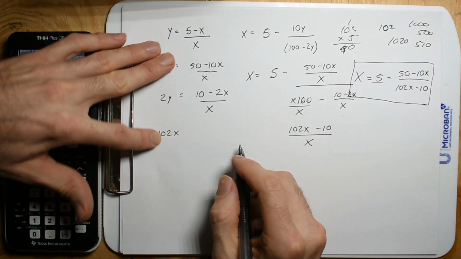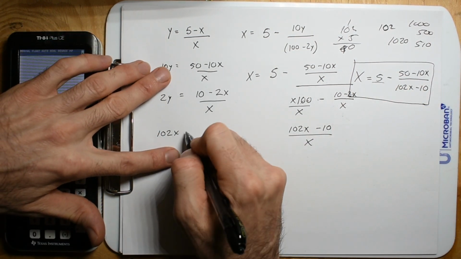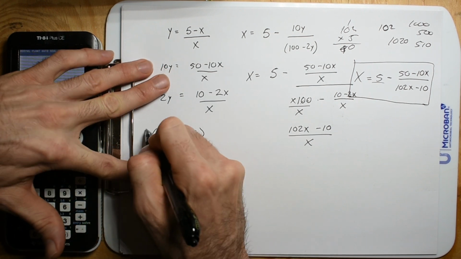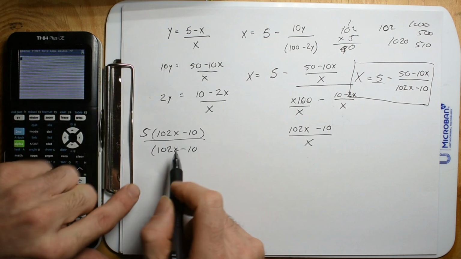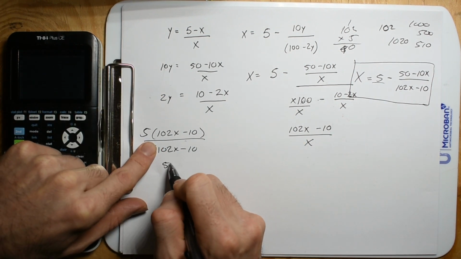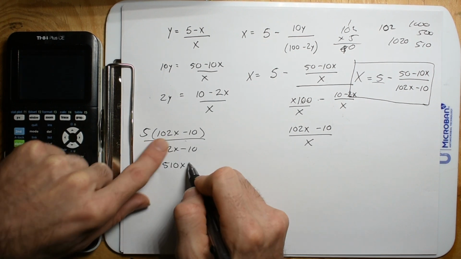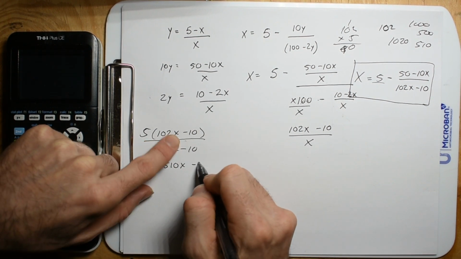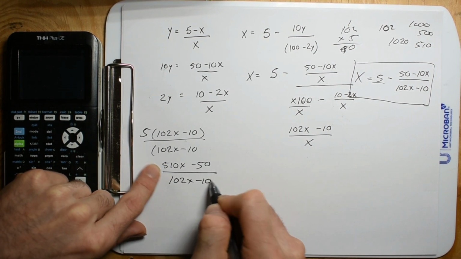All right, final answer. I'm going to have this denominator top and bottom. So when I FOIL this through, I'm going to have 510. Oh yeah, I should have just seen that. It's good to not use your calculator. Okay, so minus 50 divided by 102x minus 10.